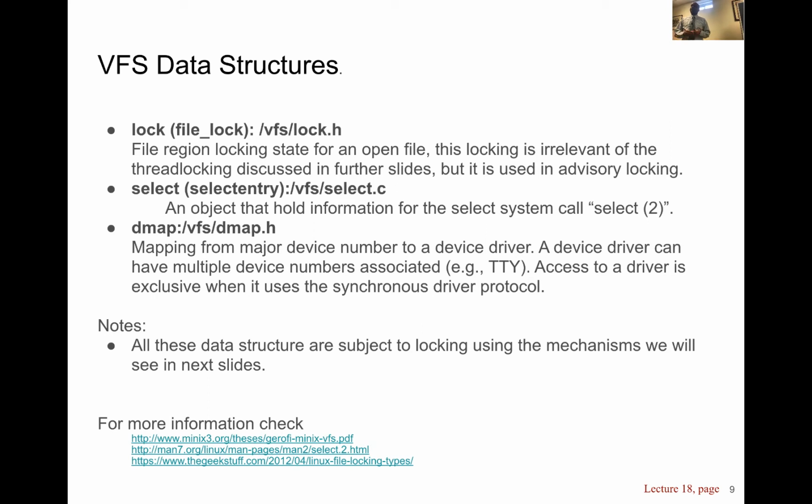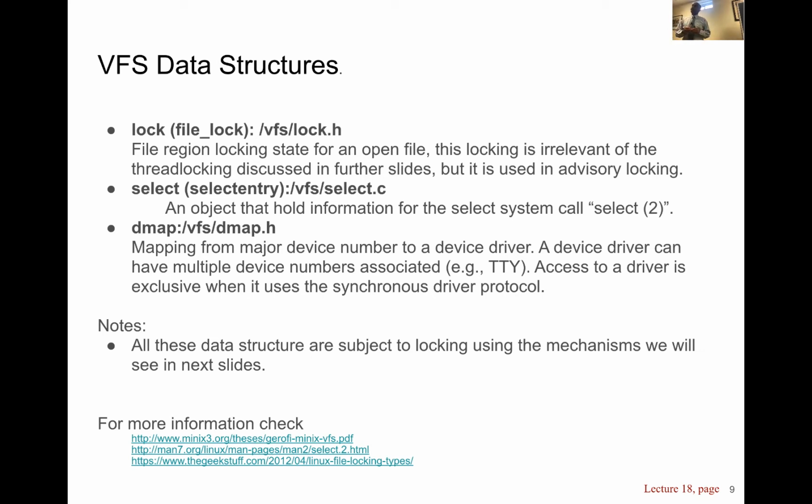And then there is essentially a dmap object that is going to be mapping from the device major number to a specific device driver, so that you can forward the request to the appropriate device driver.